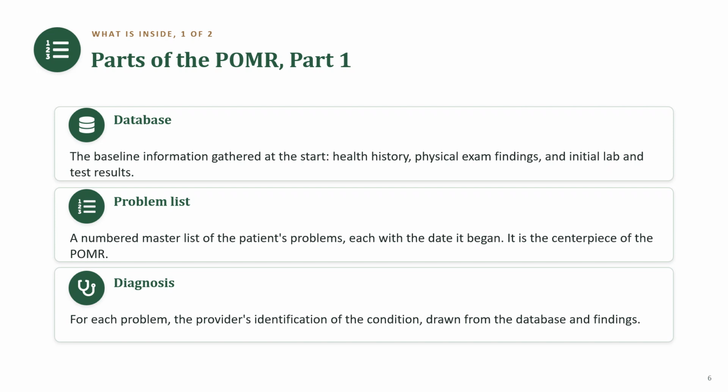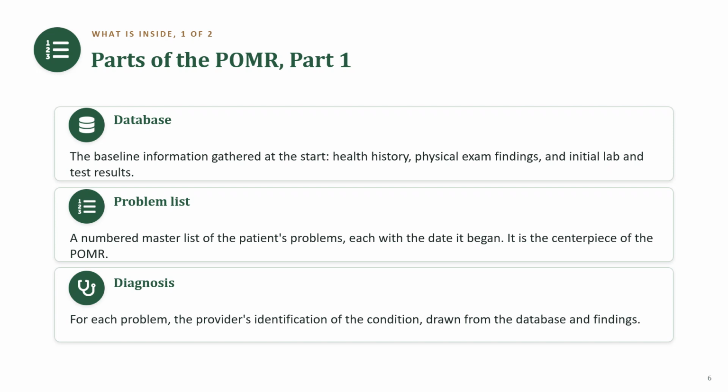The second part and the heart of the whole system is the problem list. This is a numbered master list of every problem the patient has, and each problem is logged with the date it began. It is literally the centerpiece of the POMR because every other part connects back to it. The third part is the diagnosis.